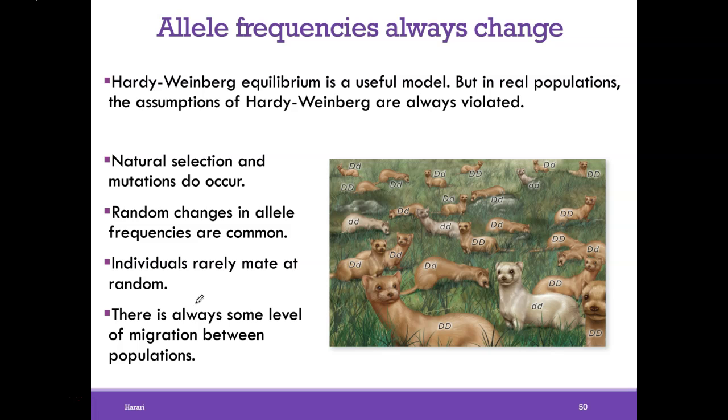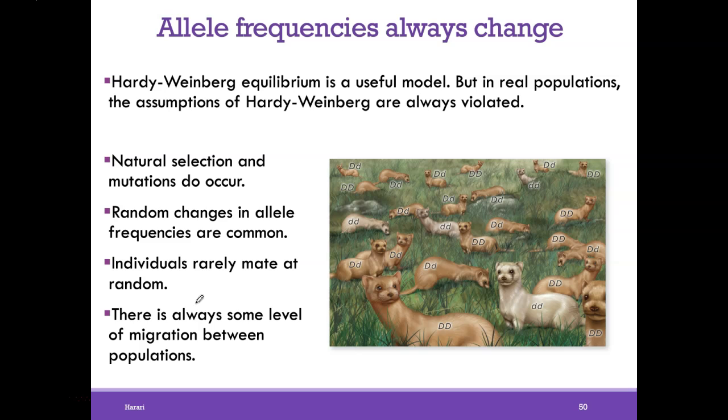So since all these events are common, we know that we can't really use these equations to tell us whether evolution is occurring, right? It's more that Hardy-Weinberg could serve as a basis of comparison to reveal when evolution is occurring.